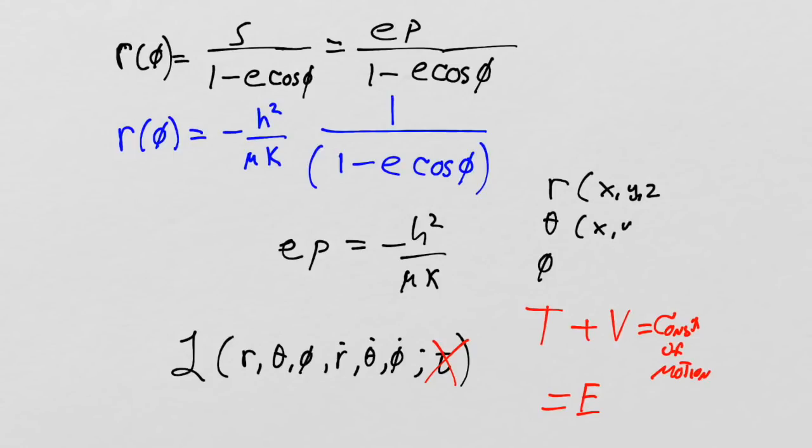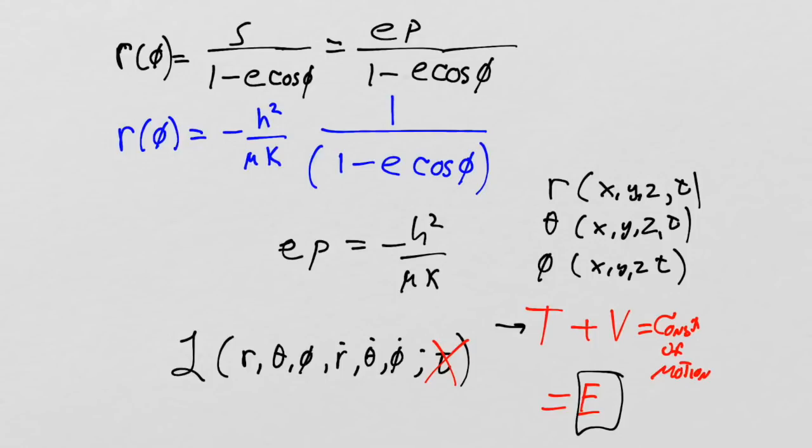If the relationship between the generalized coordinates and inertial coordinates includes time explicitly, then it's still true that T plus V is a constant of the motion, but it doesn't really represent the total energy. So that's a little obscure point.